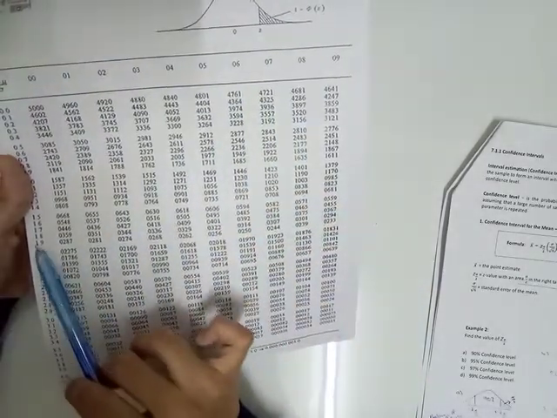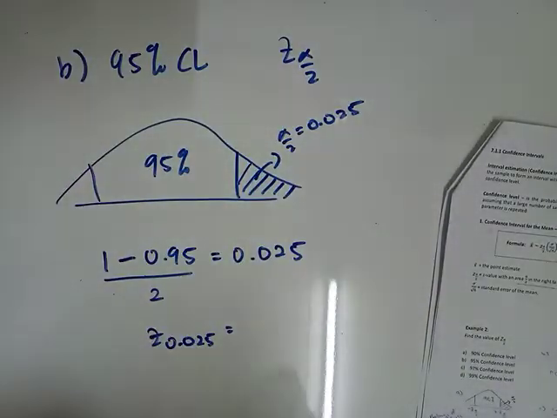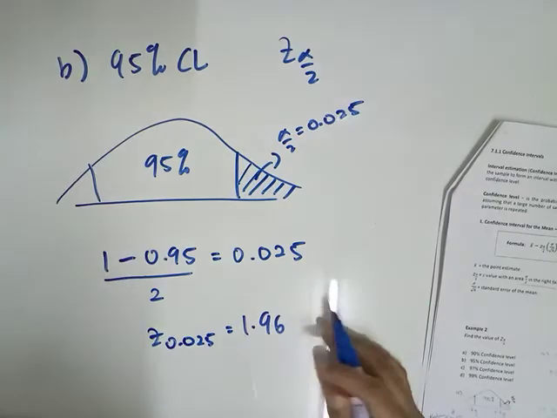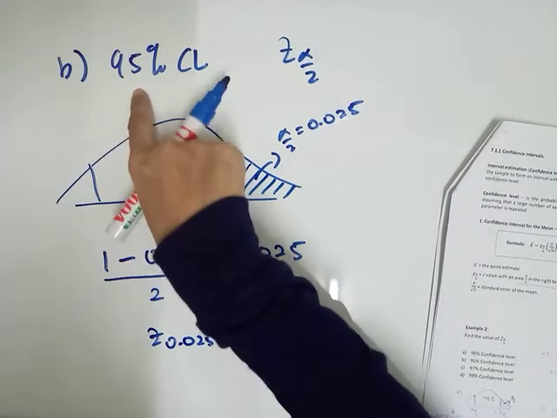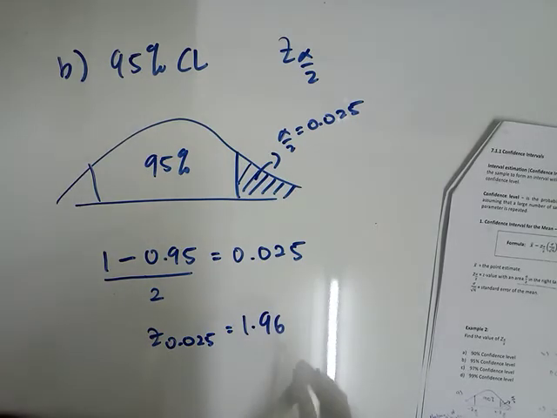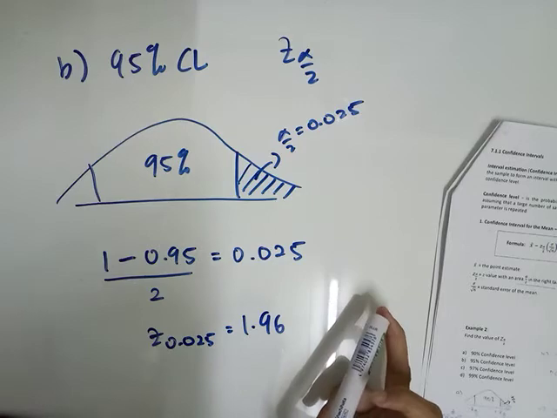So the z value is 1.96 for the 95% confidence level. Now you have found how to find the z value alpha over 2 for the area in the right tail only.